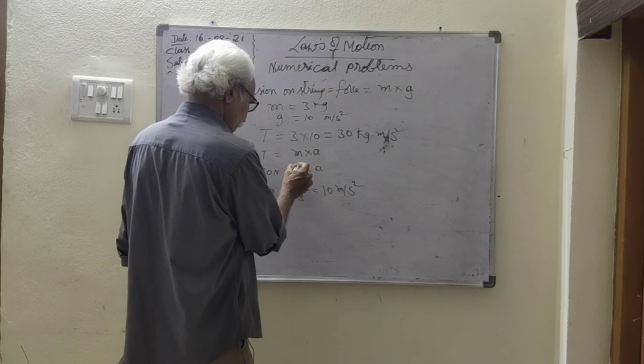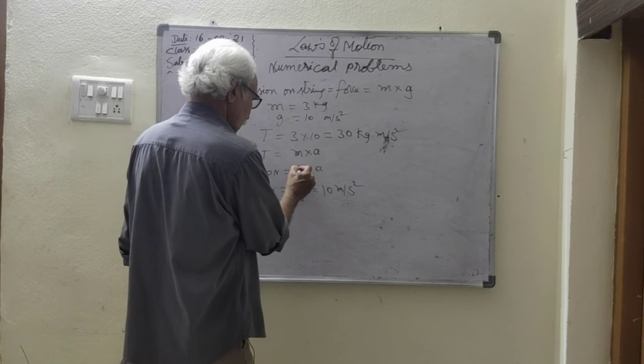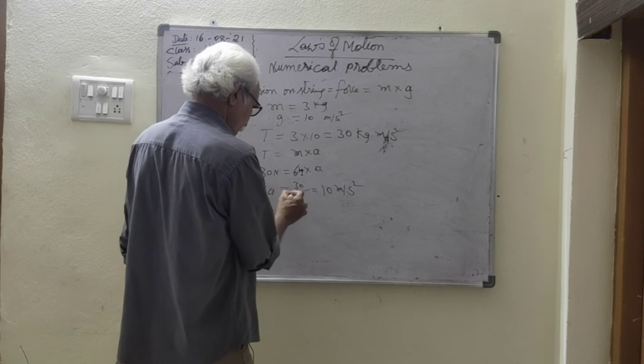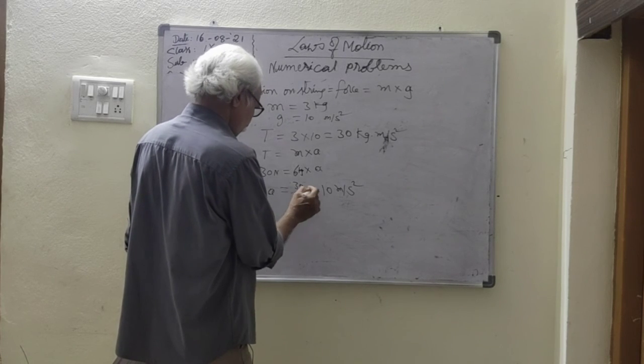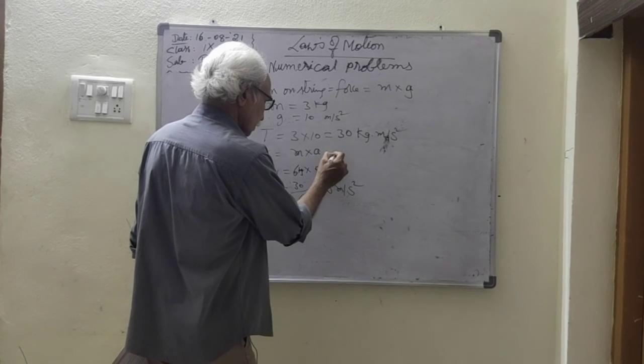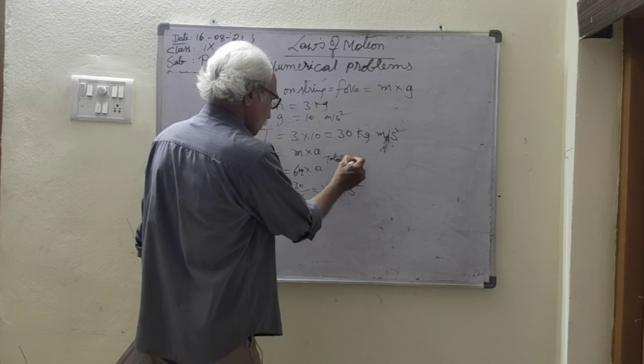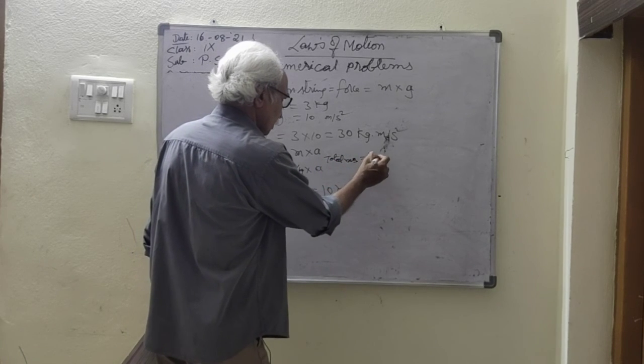Total mass is 6 kg, total mass is equal to m1 plus m2.